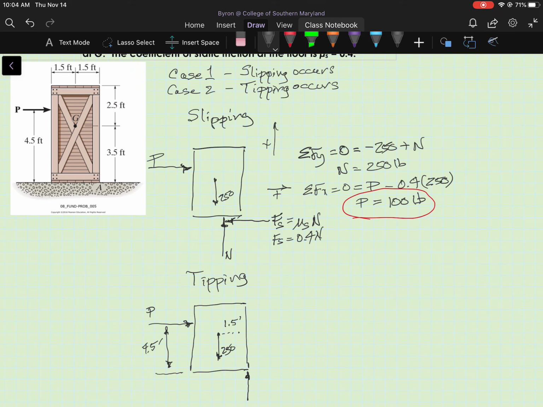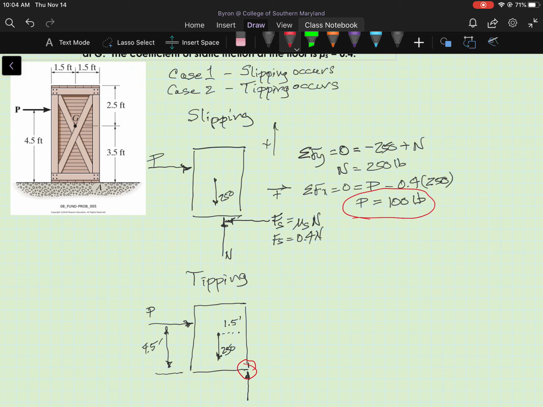In other words, for impending motion, for tipping, when you're applying a force P to the left side of the crate, when it just starts to tip, it's going to tip over or about this edge here.